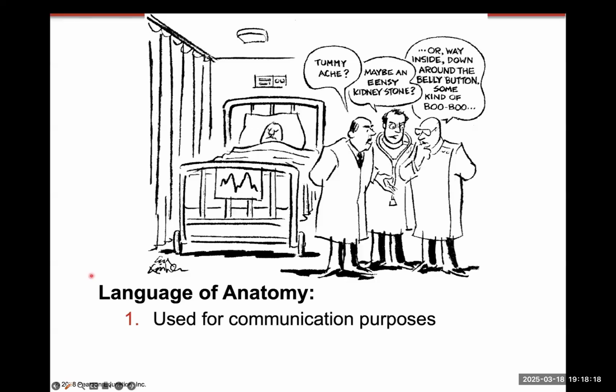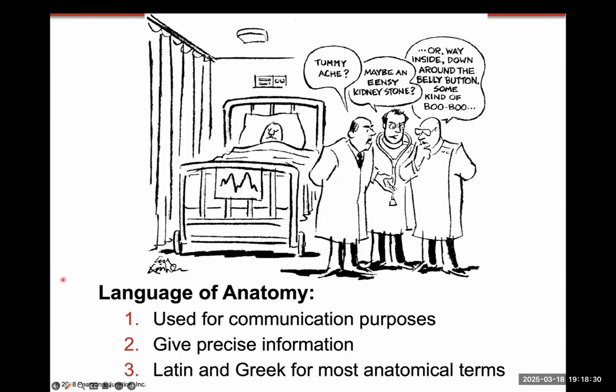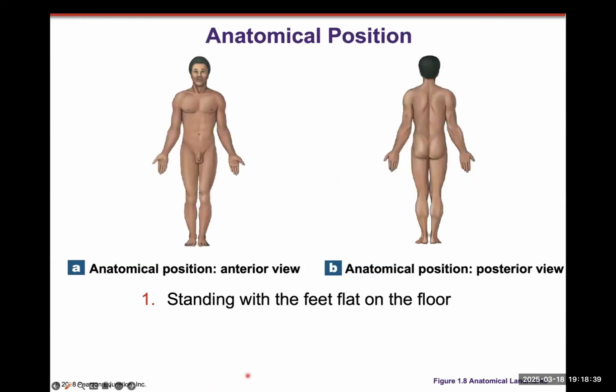That's the reason we need anatomical language, because it's very precise. So I'll go ahead and get you started with some of the terminology in anatomy. Most anatomical terms come from Latin and Greek. We're going to continue this in the lab by having you do some worksheets and exercises.